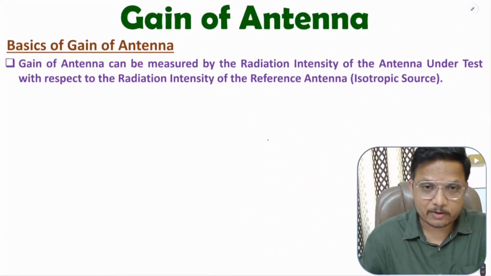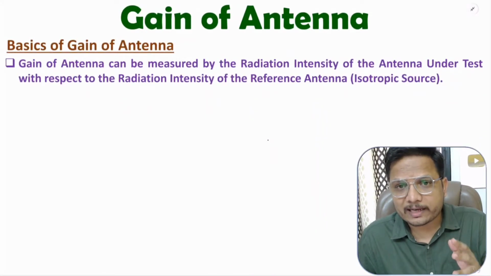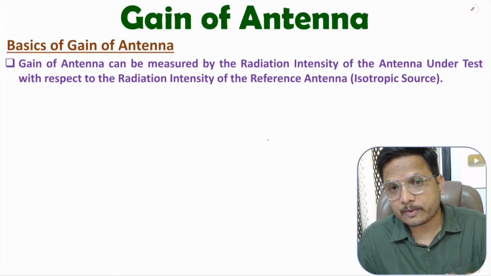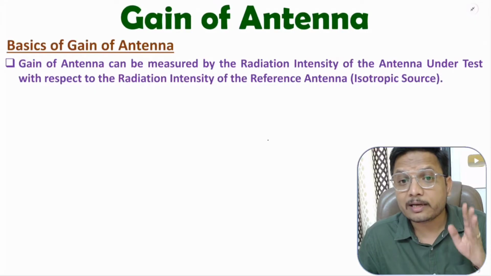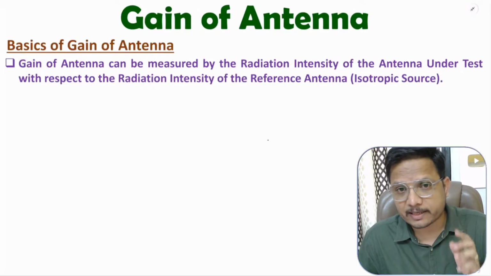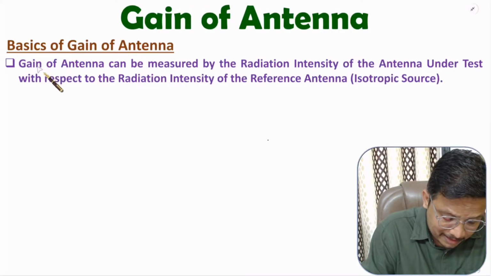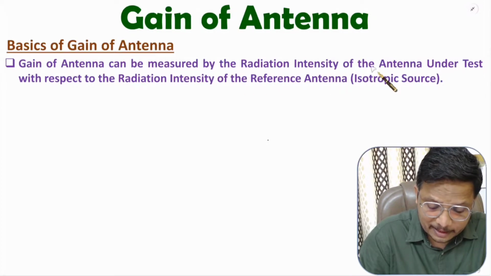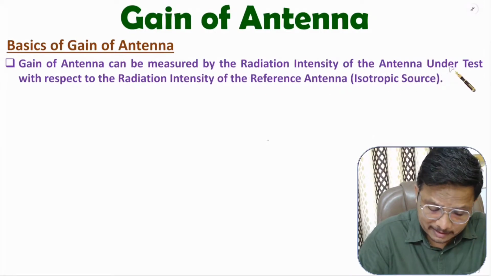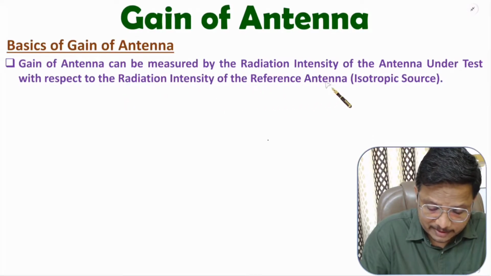First of all, you need to understand how we measure gain of antenna. Gain of antenna is measured as per radiation intensity of a given antenna with respect to radiation intensity of reference antenna. So gain of antenna can be measured by the radiation intensity of the antenna under test with respect to radiation intensity of reference antenna.